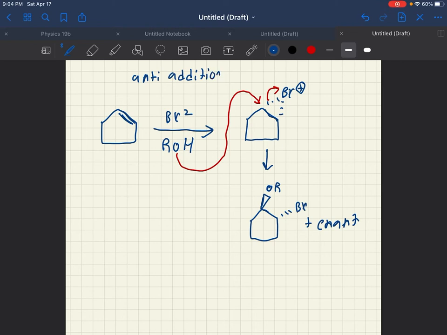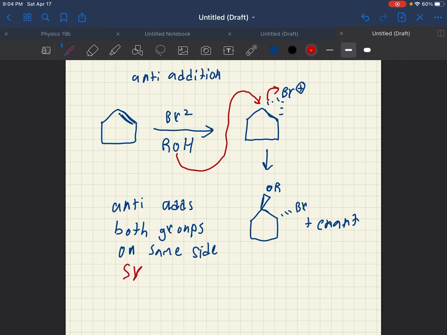And this is an anti-addition. And all anti means is anti adds both groups on the same side, and syn adds. I completely screwed that up. I messed those up. My bad, I wasn't even paying attention. Anti does not add on both sides.